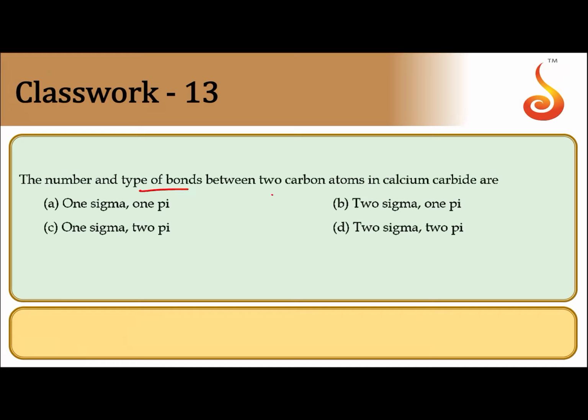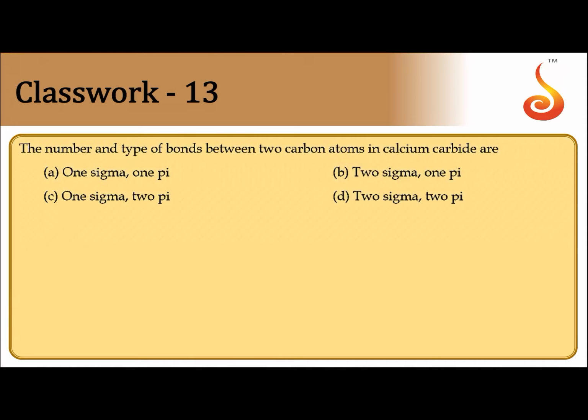Then, the number and types of bonds present between the carbon atoms in calcium carbide. The calcium carbide structure we can write like this: Ca, C2, with a triple bond between these two carbon atoms, or else Ca2+ and the carbon atoms like this.